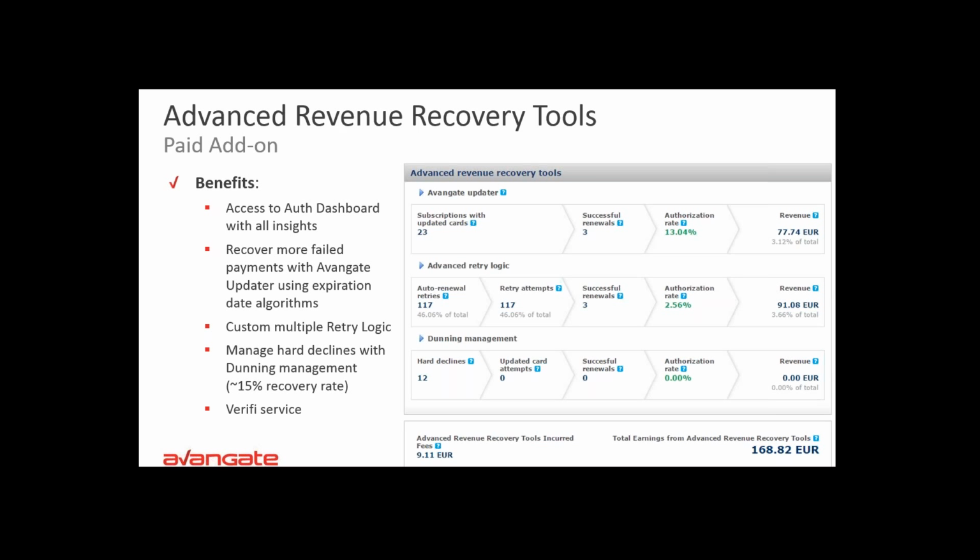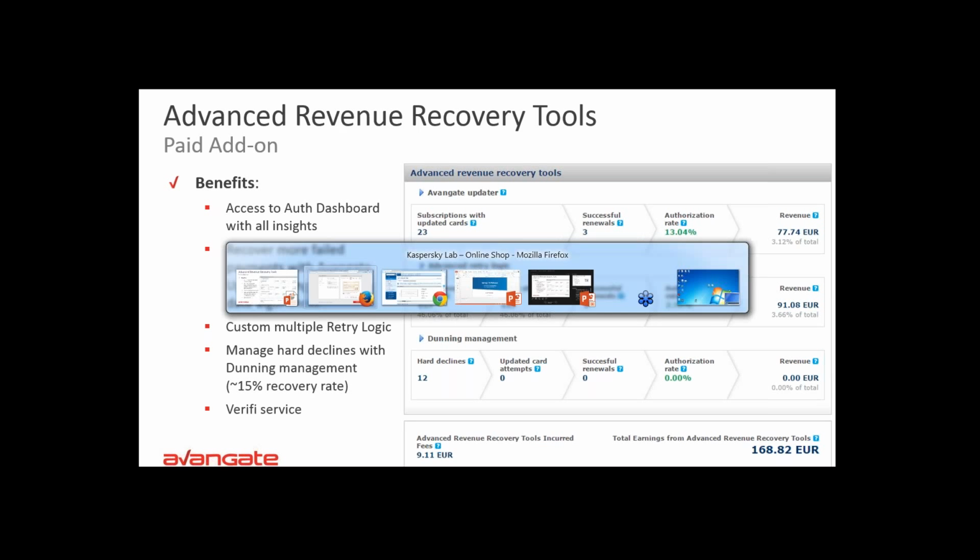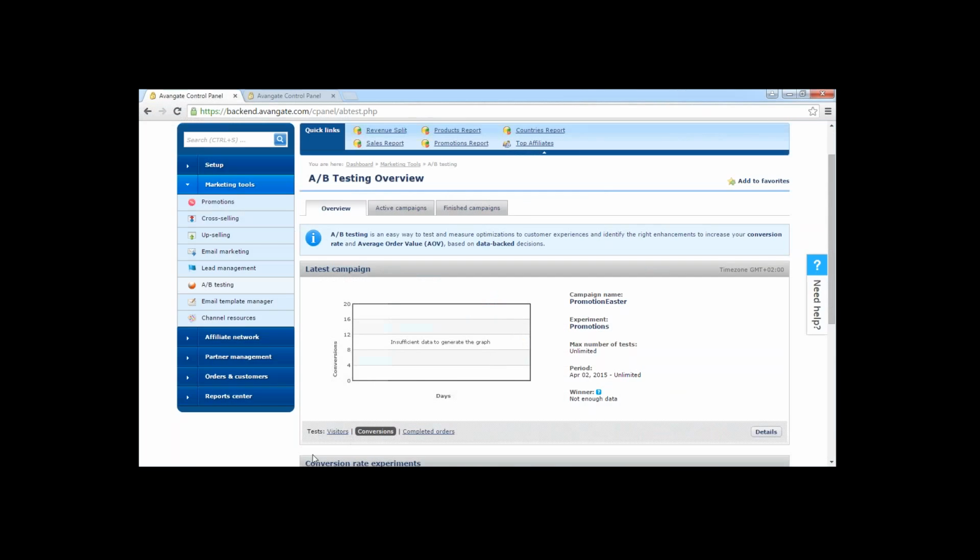We trigger an email notification to the end user, inviting them to update their payment information in a streamlined way. This has proven to be an effective way to recover such hard declines, and we've seen results up to a 15% recovery rate out of all the emails that we send. So a lot of additional revenue is brought in that would have otherwise been lost.